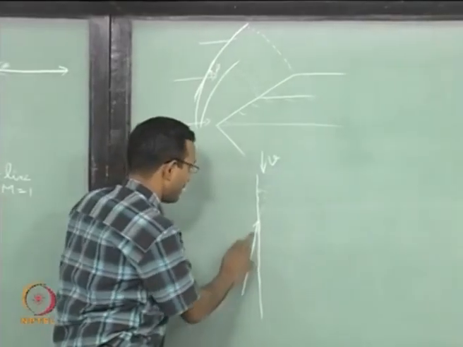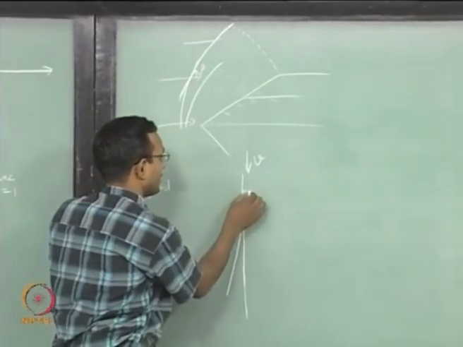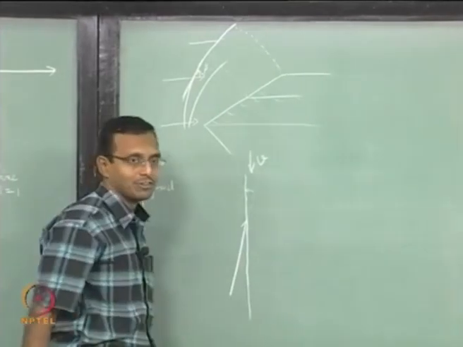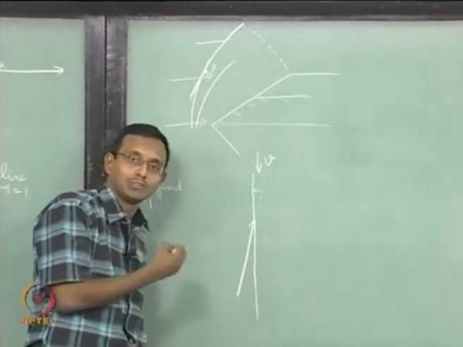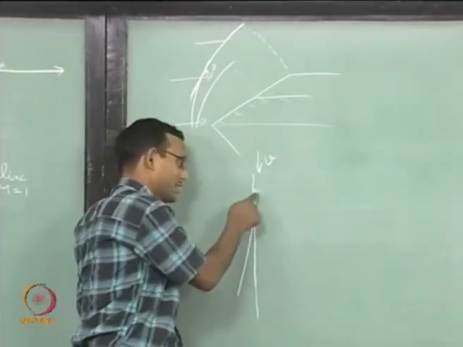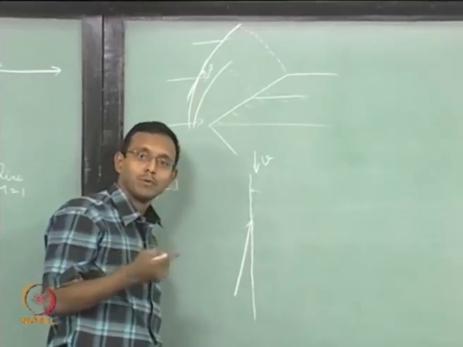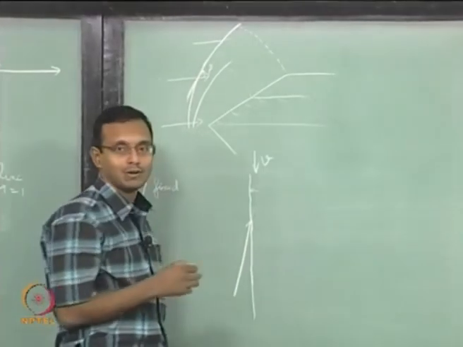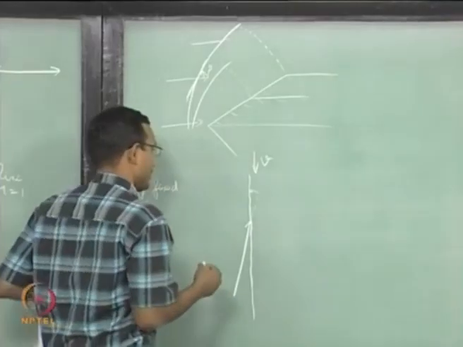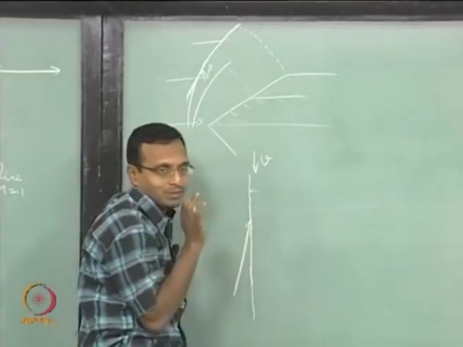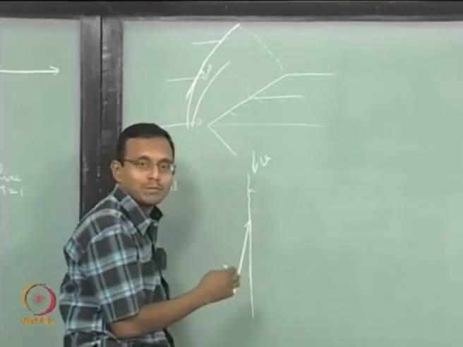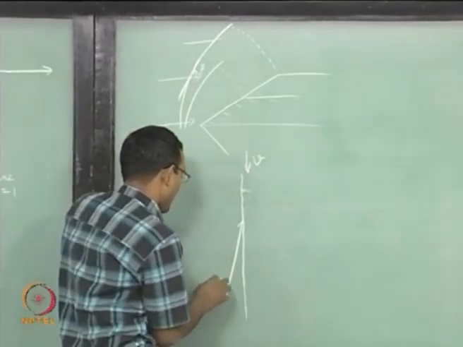So here this is my incoming streamline, and the shock is making this angle. So I am having a very low beta value. Of course, I cannot have a very low beta value close to 0, the minimum possible is mu, we proved it last class. Below that the entropy will go less than 0. So there is a minimum possible, let us say this is close to the minimum possible, it is slightly more than mu, we will keep it like this.